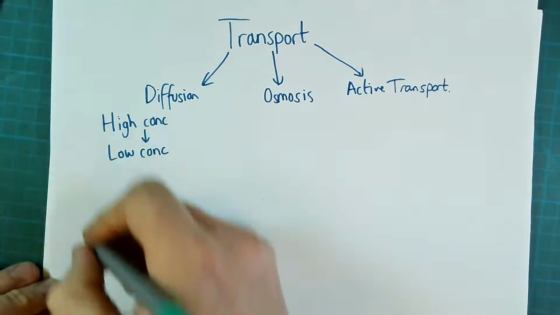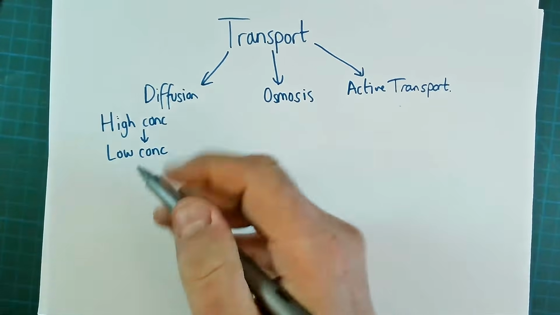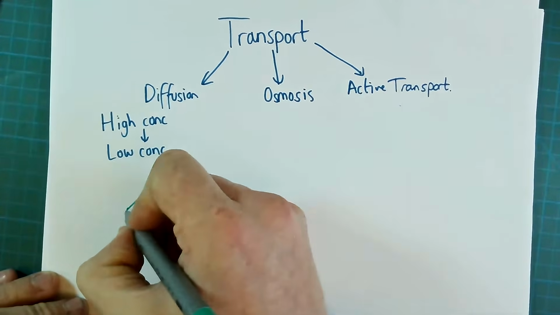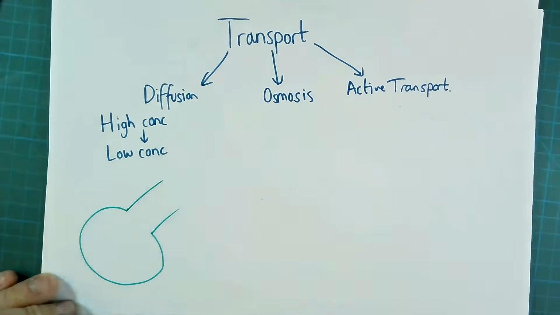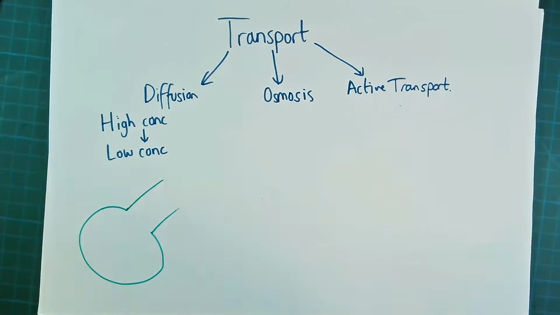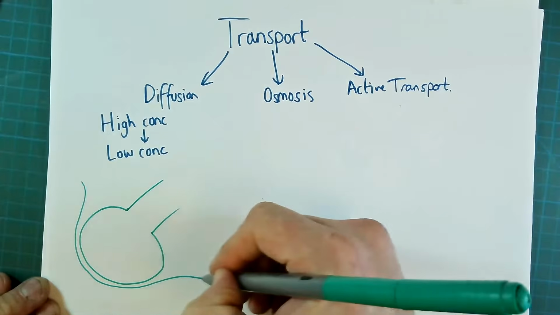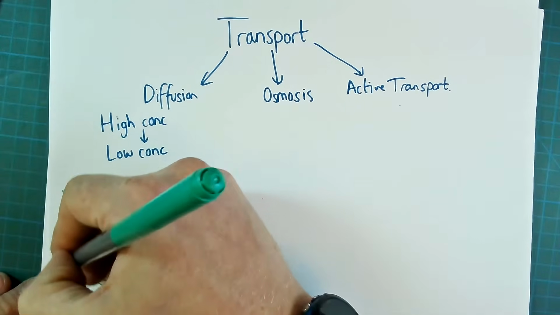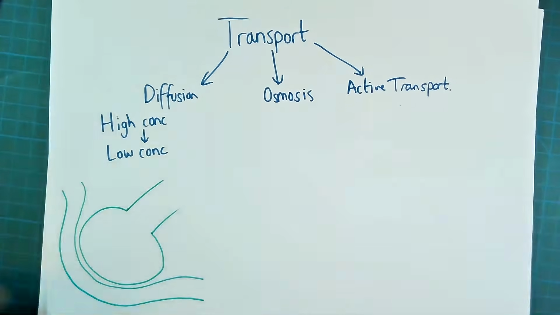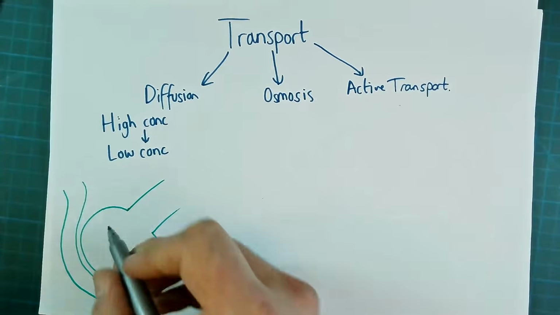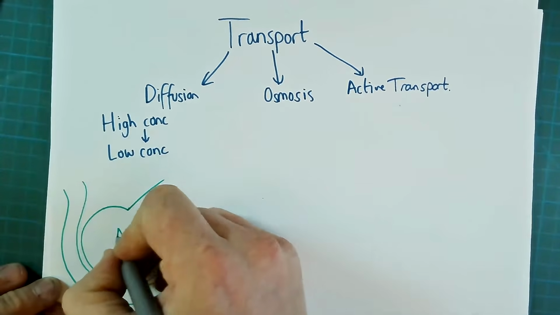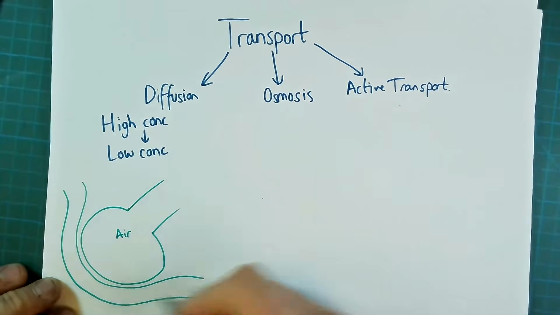Let's say you are the alveoli in the lungs. Okay, and here's our little blood vessel. Lovely stuff. Now, in our alveoli, we have got air. This is blood.